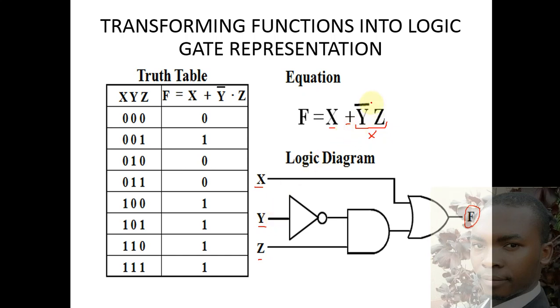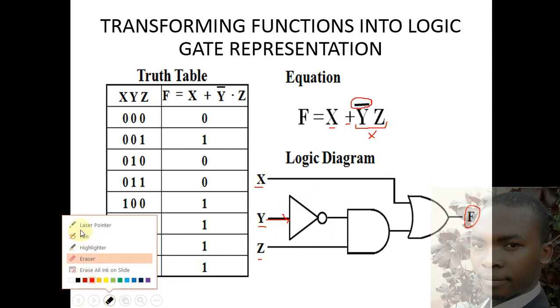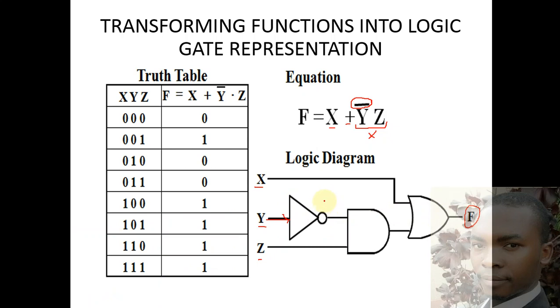So we have the y, but the y has a negation on it, so we pass it through what we call the NOT gate, and there we get our not y, which is the negation.